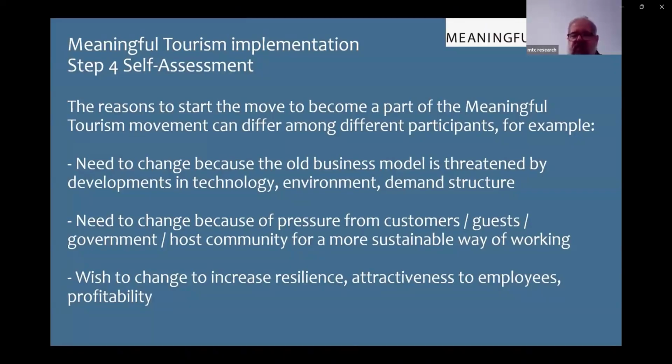And also, of course, if you're a good businessman or woman, you will understand that if you change, you have a chance to increase your resilience, your attractiveness to employees, a topic which will become more and more important, and also your profitability. Meaningful tourism is profitable.